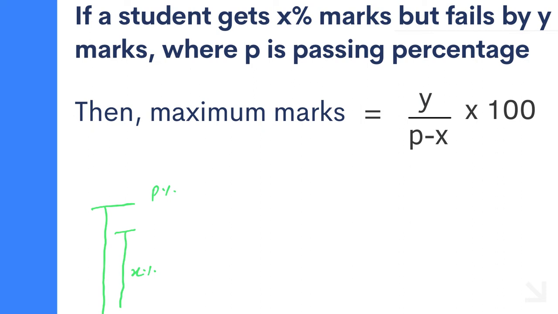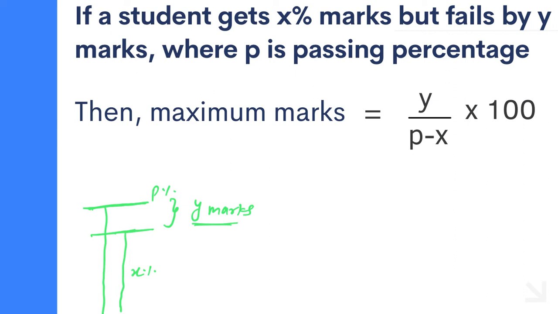The student did not get P percentage marks because he failed. If he had got more than P percentage marks, he would have passed. But he failed because he got fewer marks than P percentage, so X percentage is less than P percentage. What is the difference? This difference is Y marks, because he failed by Y marks.